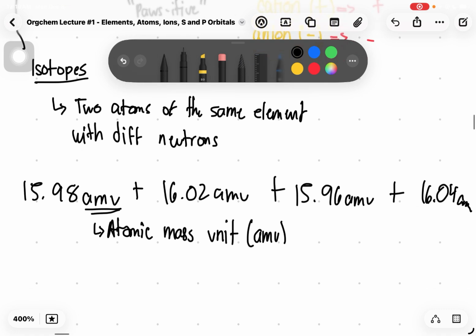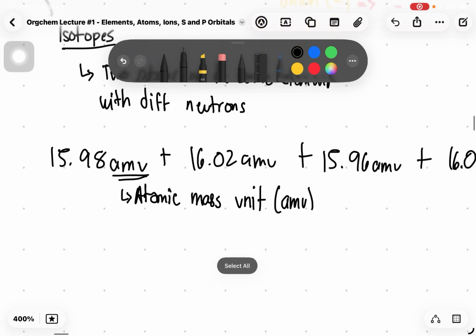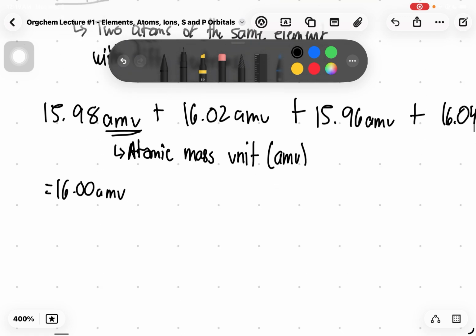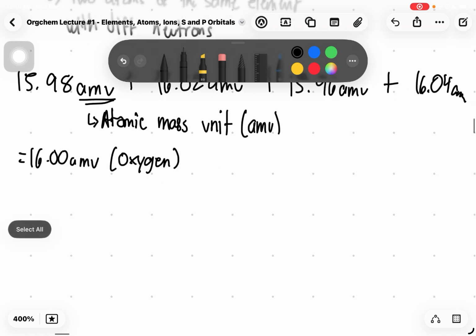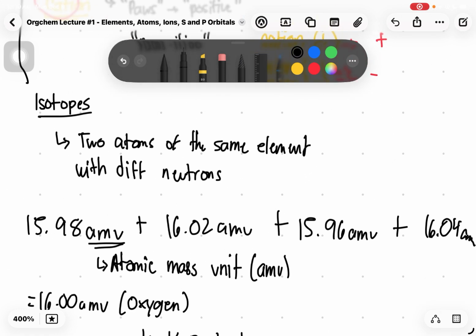So let's say we add these all up and divide it by 4. Imagine you get 16.00 AMU. That's usually the mass we use to show the atomic weight of oxygen. You might run into it like 16.00 grams per mole. And that's it. Again, isotopes are just atoms of the same element with a different number of neutrons.